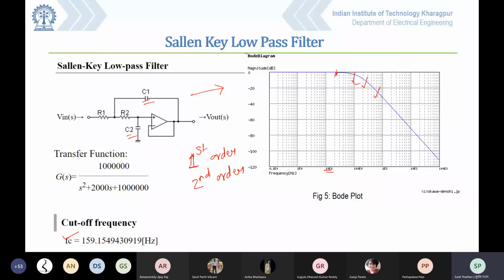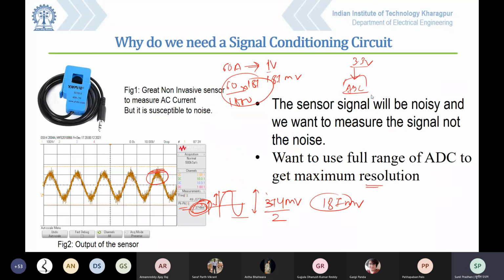This is a practical low pass filter. An ideal low pass filter may be like this, but after implementing this, you can get a Bode plot like this. After 159 hertz, you can see the attenuation. So for the signal conditioning circuit, this is a filter.